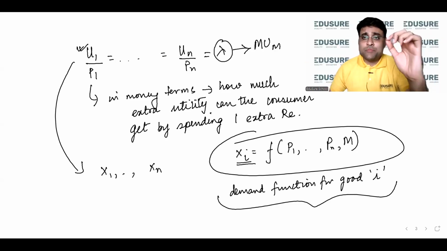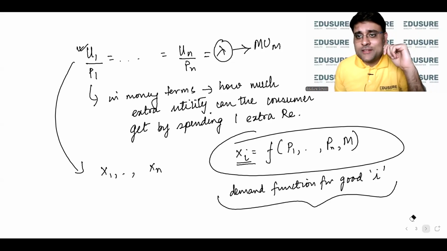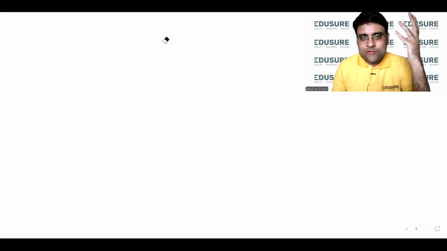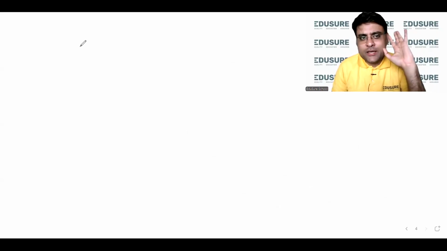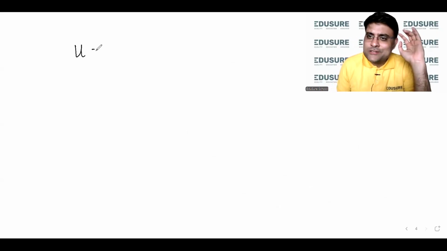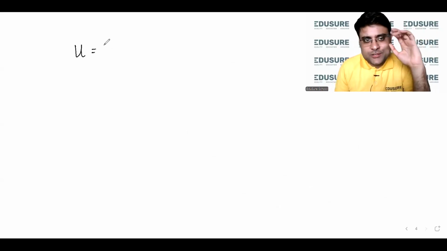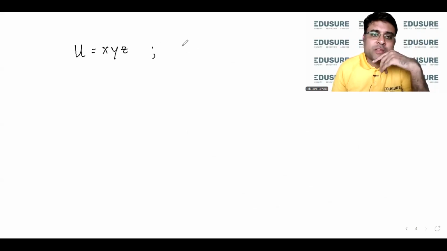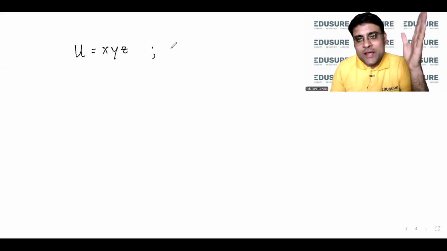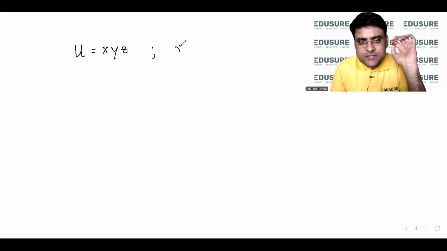चलो अब example को देखते हैं how to deal with the two or more variable case. तो एक general case ले लेते हैं, a 3 variable case, simple सा. Let's consider Cobb-Douglas type का utility function, x into y into z. Let's take that the price for x, y, and z are all equal to 1. Simple सा example.